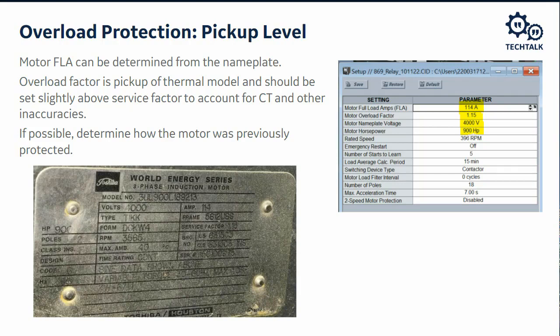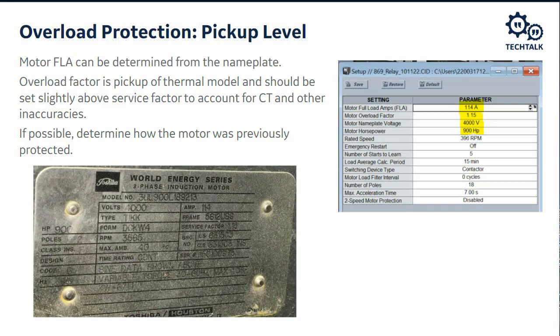Now, one of the things that has often come up is should we include the service factor in the pickup, as I'm doing here. The recommendation by GE in the instruction manuals is that you would include the service factor in the pickup there. Part of the reason for that has a long history. If we look at the electrothermal, the old motor protective devices that we had before we had microprocessor-based relays, those would have included an overload factor in them.